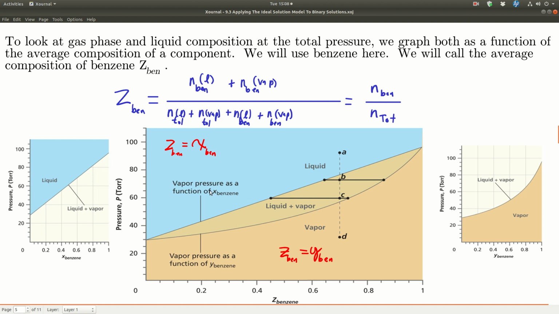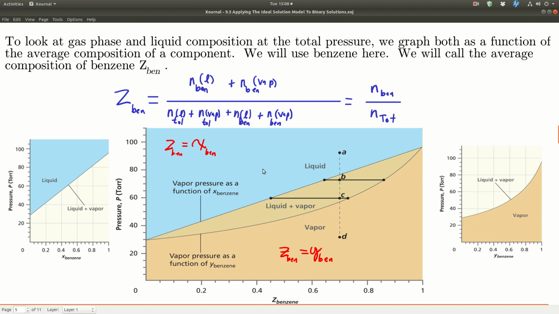So if we do that graph, we get something that looks like this. This is called a PZ diagram. It really is a combination of what we just saw: the total pressure versus the mole fraction in the liquid phase, and total pressure versus the mole fraction in the gas phase. See that right down here, this part looks like that. This part looks just like that.